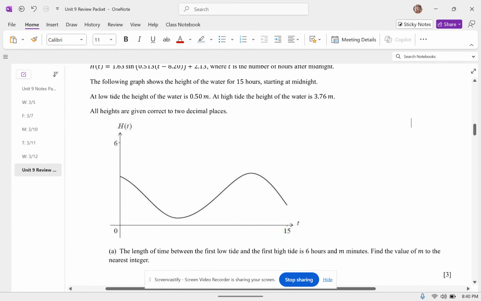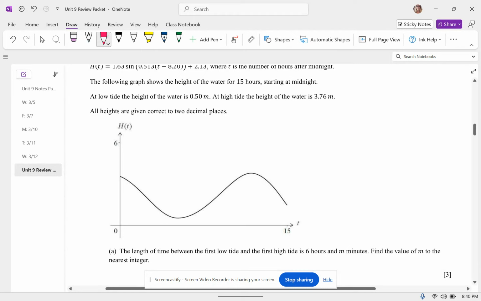Okay, so time is starting at 0, and it is the number of hours after midnight. So the height of the water for 15 hours is shown here, and then we have a low tide, I don't know what time it's happening, but it is a height of 0.5 meters.